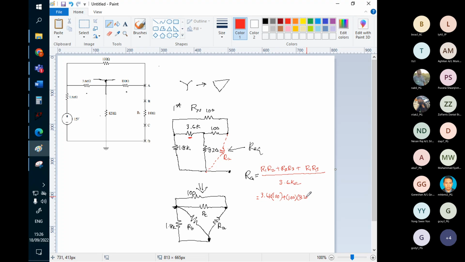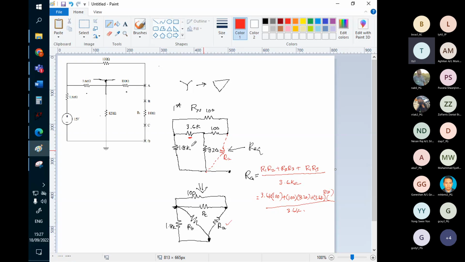R3 is the 820, plus R1, which is our 3.6K, multiplied by R3, which is 820. Then you put it over 3.6K. Then you will get this RA. Okay, you calculate this RA.